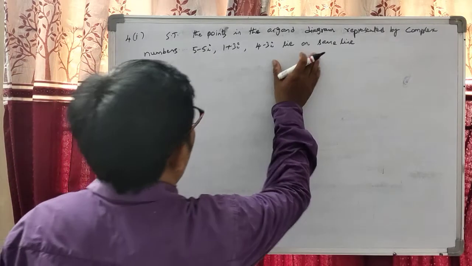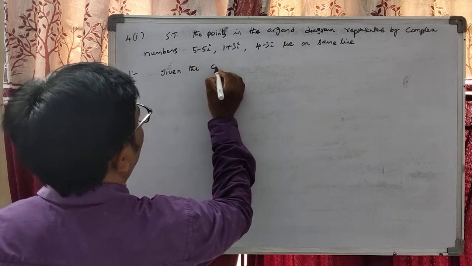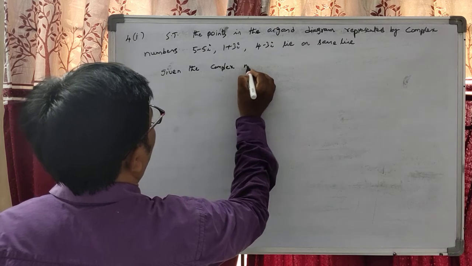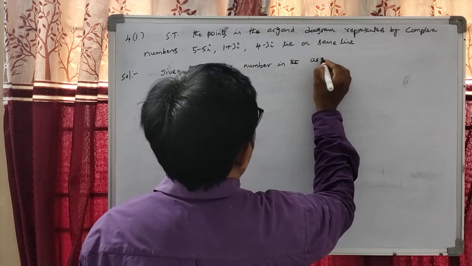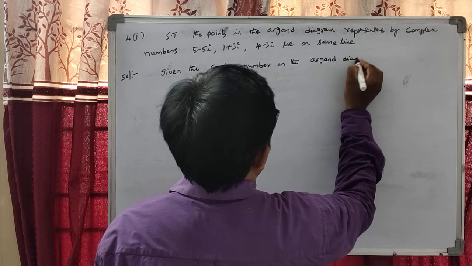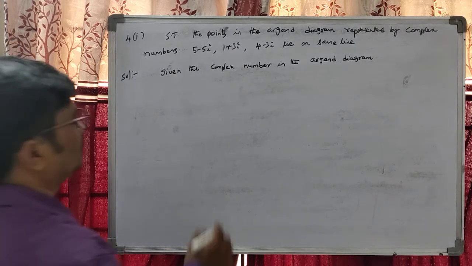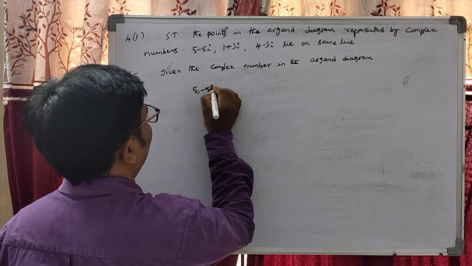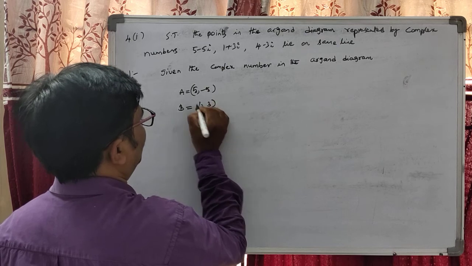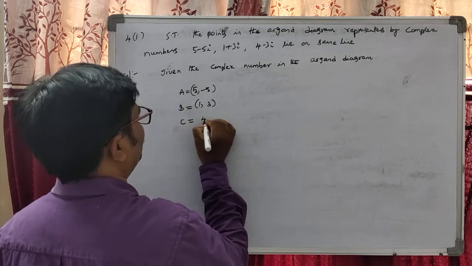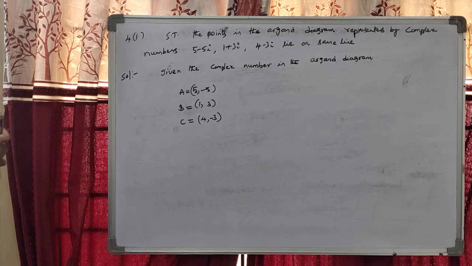The given complex numbers in the Argand diagram are (5, −5), that is point A; point B is (1, 3); point C is (4, −3).